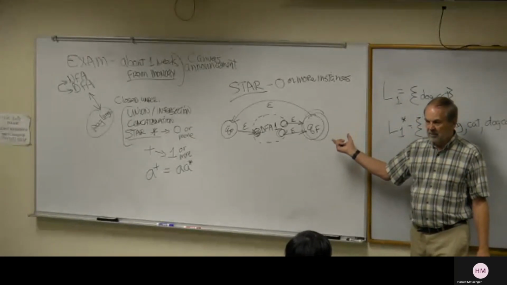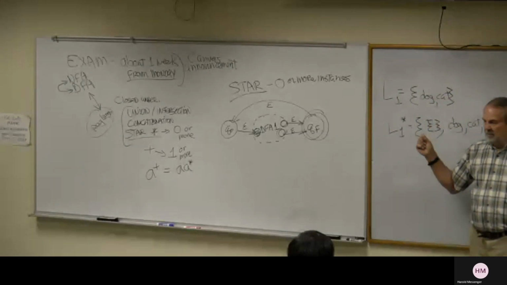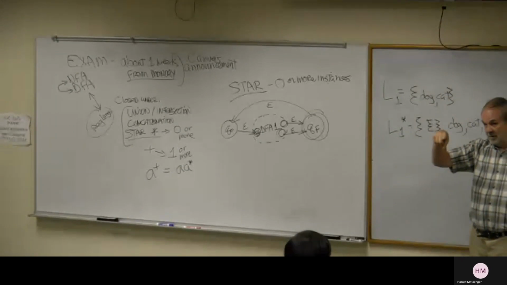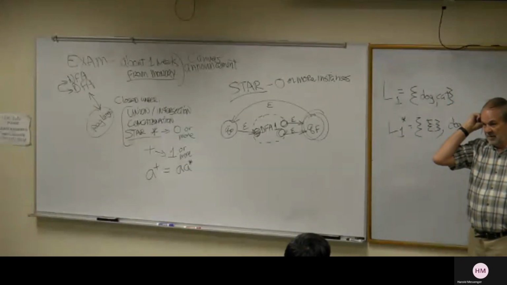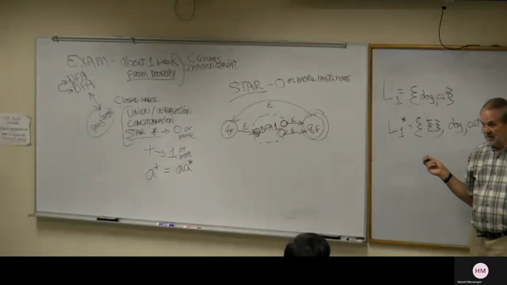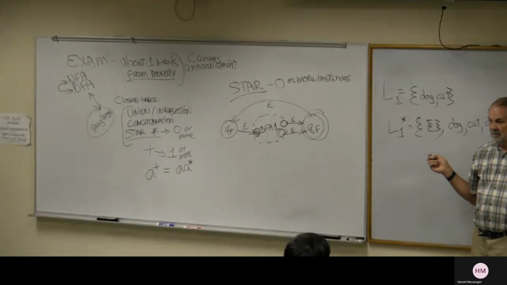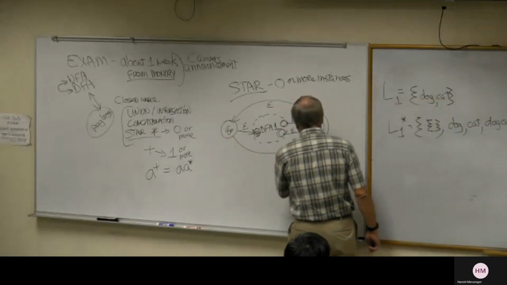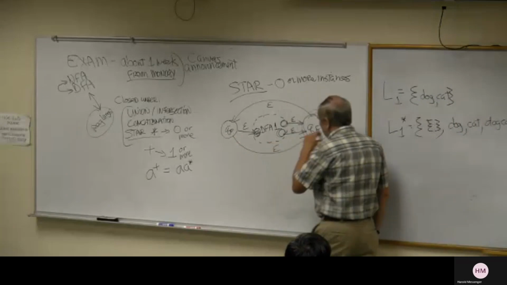Since it's 0 or more, it might just be able to just go to Qi. Is that your answer? Is it epsilon? Yeah. So the star lets you take 0, and so technically, if we left this off, it would be plus.